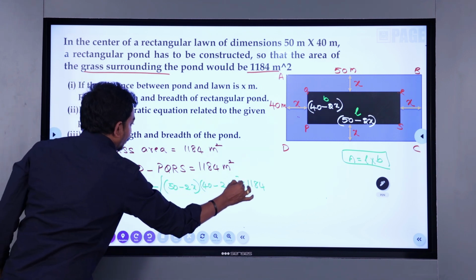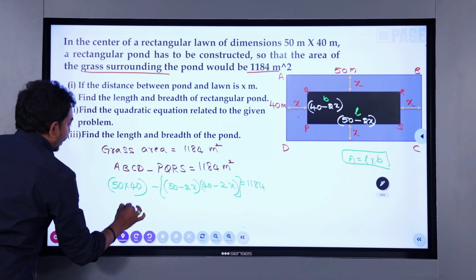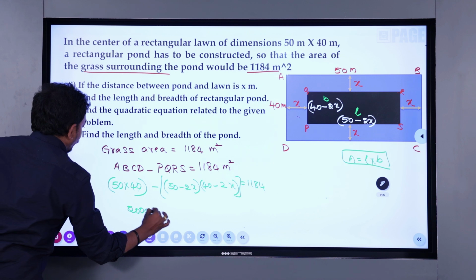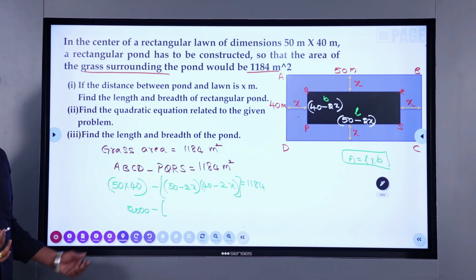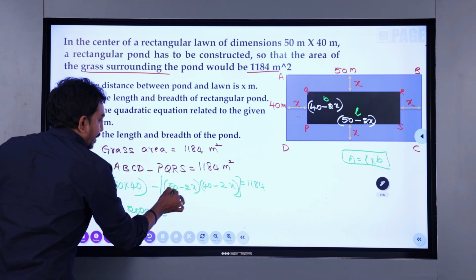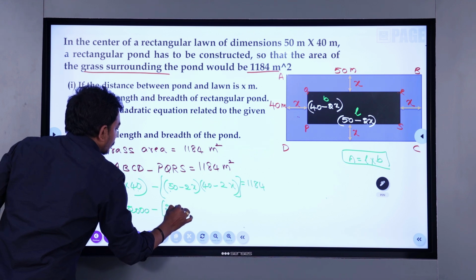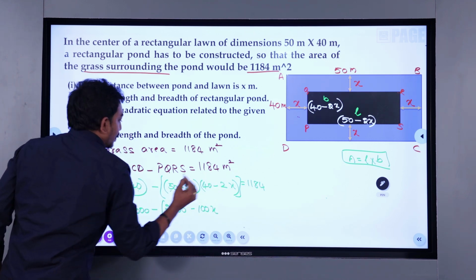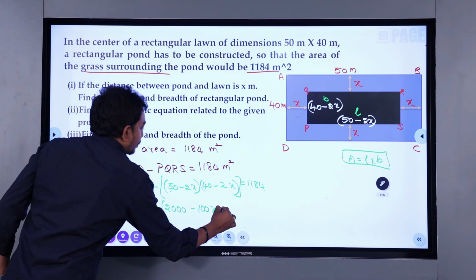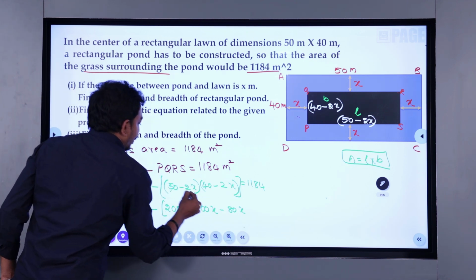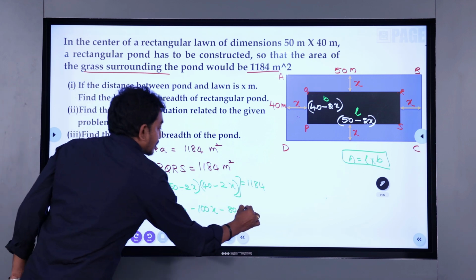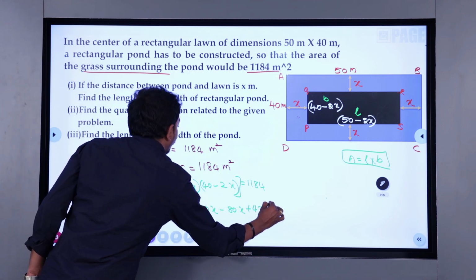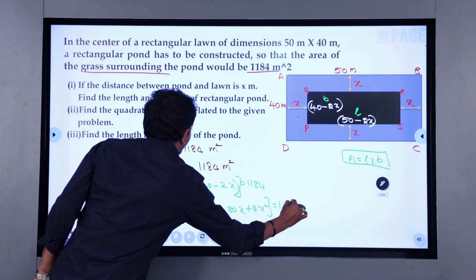Let's put a bracket here. So 50 into 40 is 2000 minus, let's expand these two bracket terms. 50 into 40 is 2000. 50 into minus 2x is minus 100x. Minus 2x into 40 is minus 80x. Minus 2x into minus 2x is plus 4x square. This is equal to 1184.